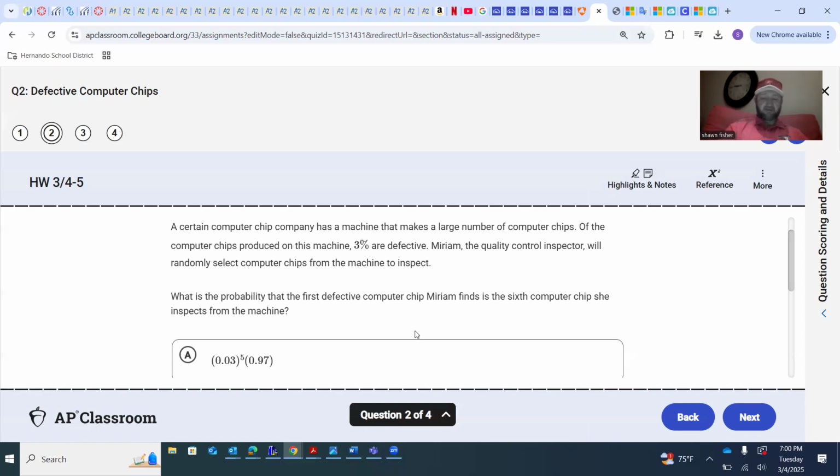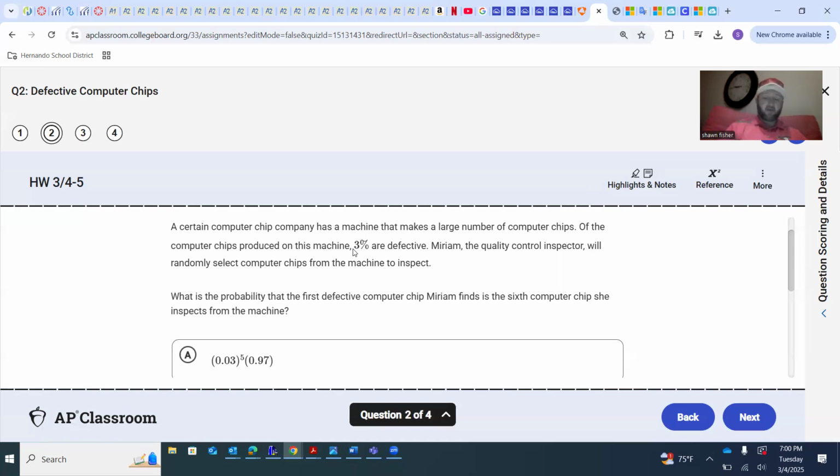All right. So in this case here, it's kind of a play on words. Defective is kind of a negative term, which might mean fail, but I'm actually looking for the defective. So the one that I'm looking for is the success, right? Hopefully that makes sense to you a little bit. The way that they word this is a little bit different.